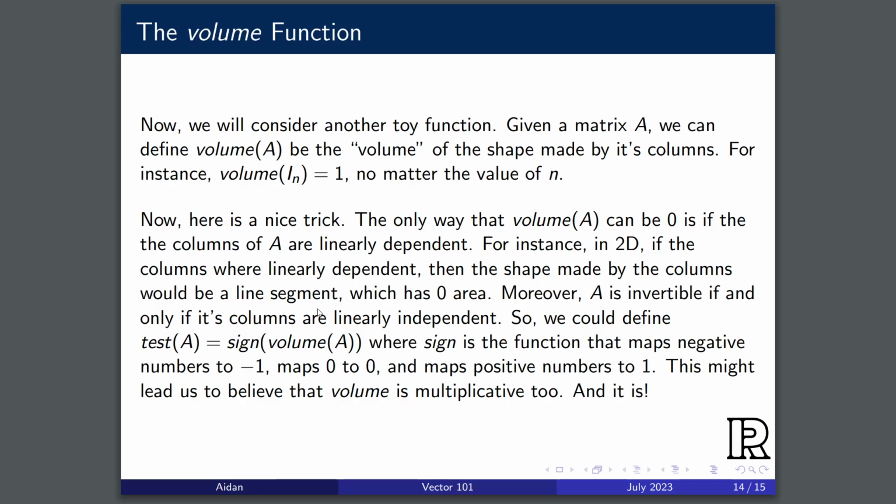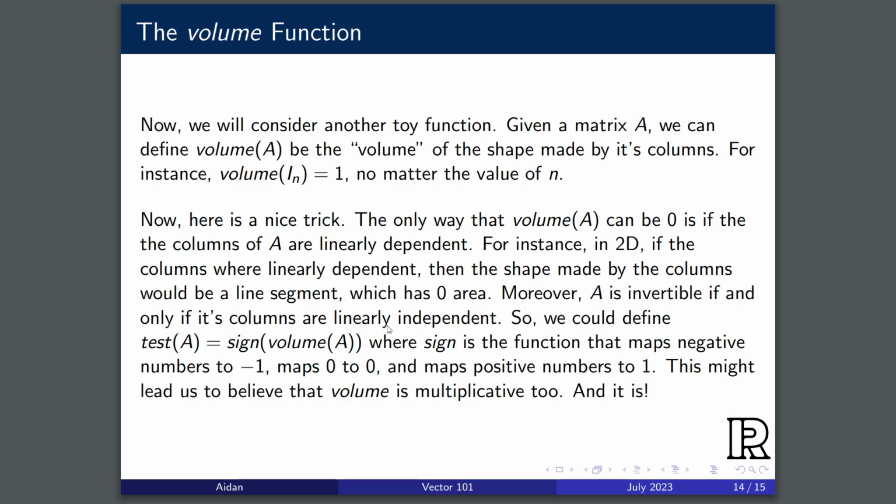The reason that volume can be used to determine if A is invertible is because of this fact here. So I guess we can talk about, there's this big theorem in linear algebra called the invertible matrix theorem, and we can talk about it next week.